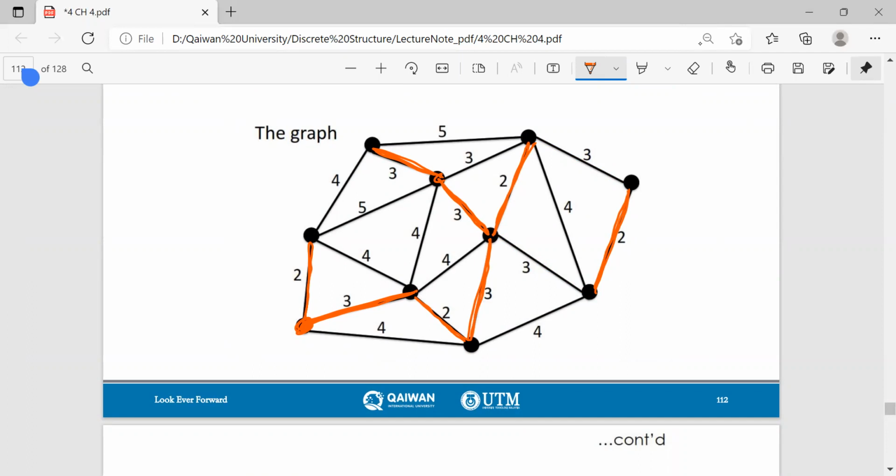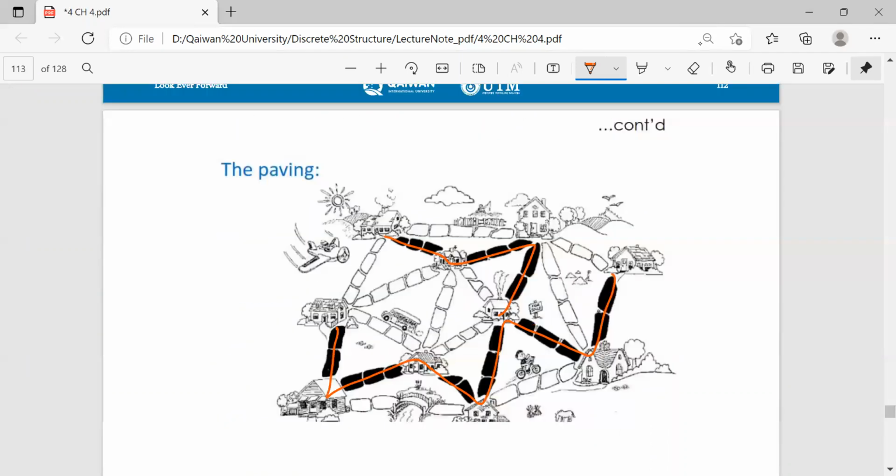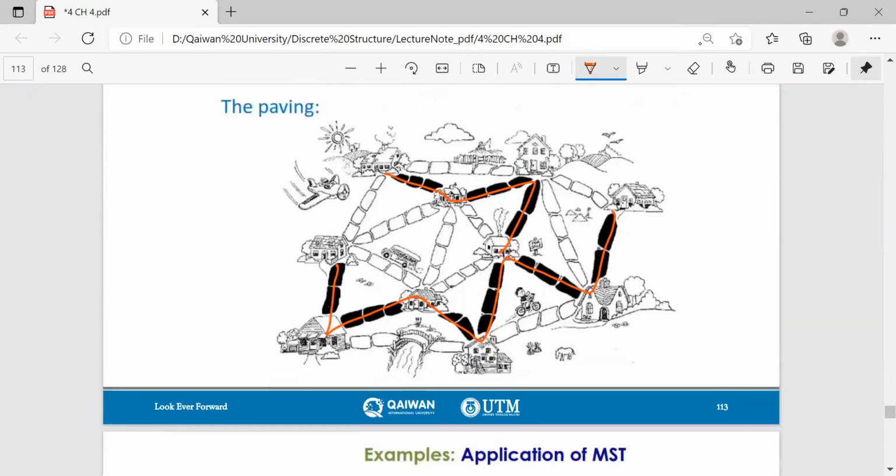Can we travel to this vertex from this one? No, because here there is no connection between these. So we either take this or that. That's it. It's easy. So this is the spanning tree.